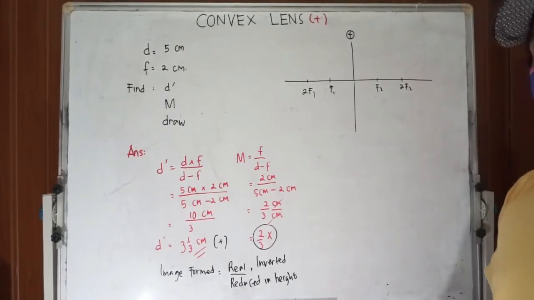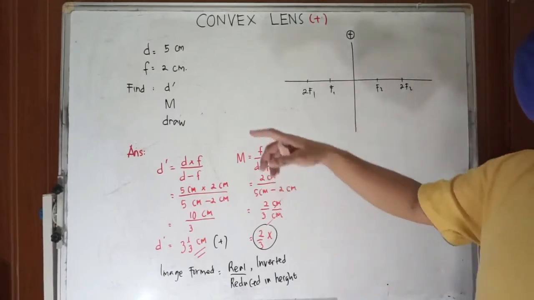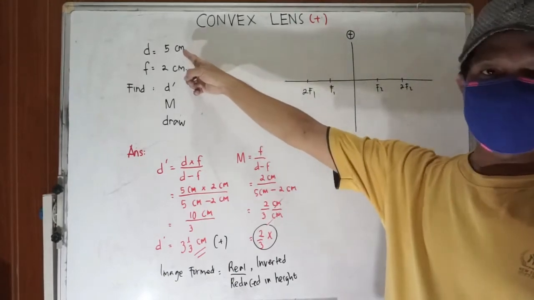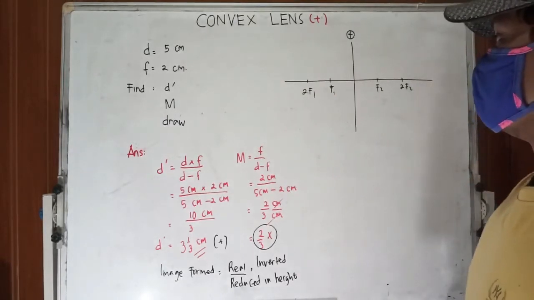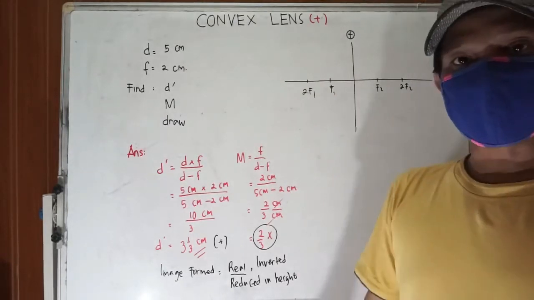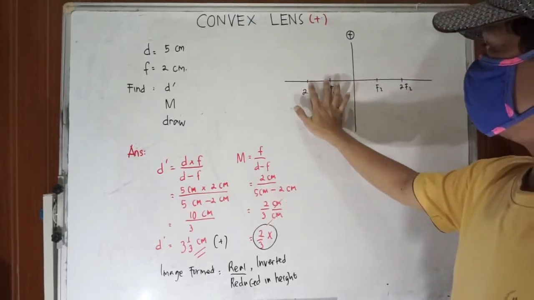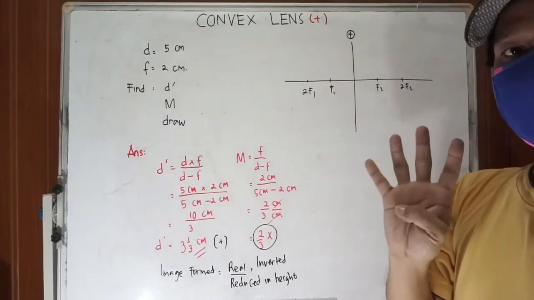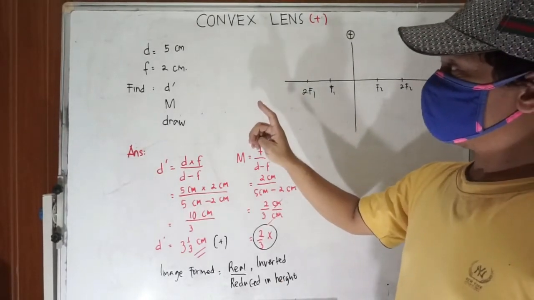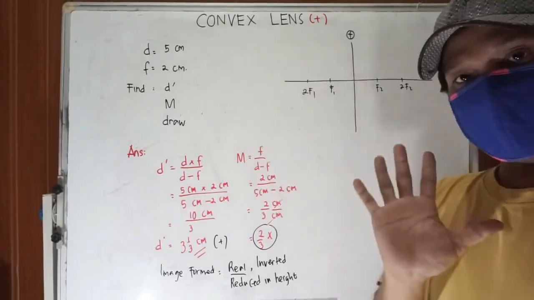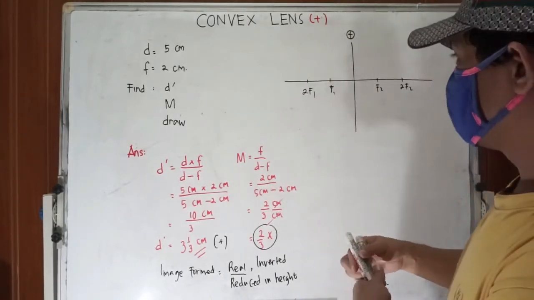By using the measurement of the length, the object distance is 5 centimeter. You can take the approximation. This one is 2. This one is 2. So it means here is 4 centimeter. So when the object distance is 5 centimeter, you have to put the object here.